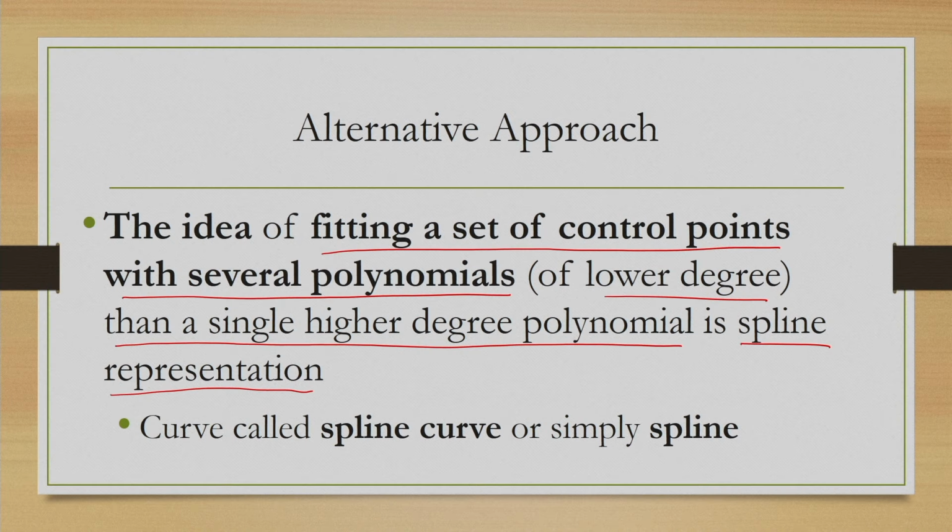Instead, we are representing it in terms of several polynomial pieces. Now, the entire curve is called spline curve or simply spline. This is a very popular curve representation technique used in computer graphics.